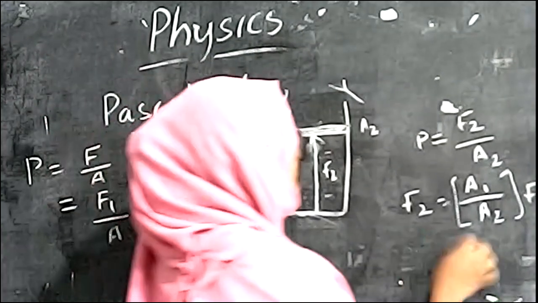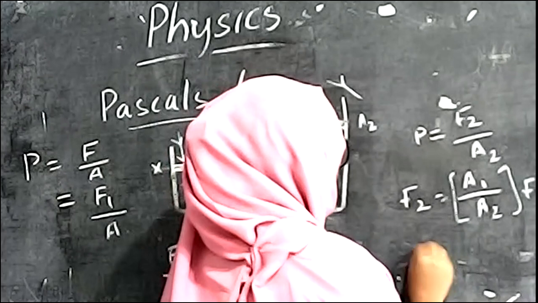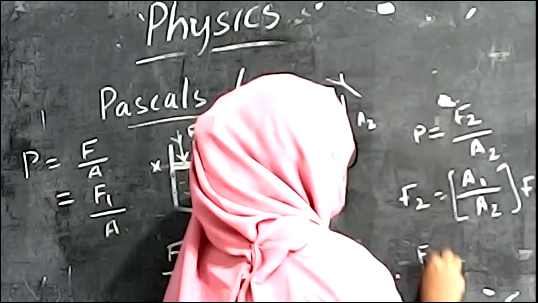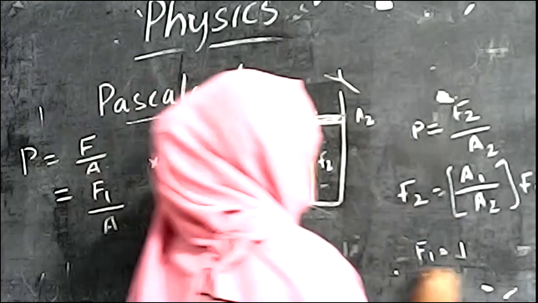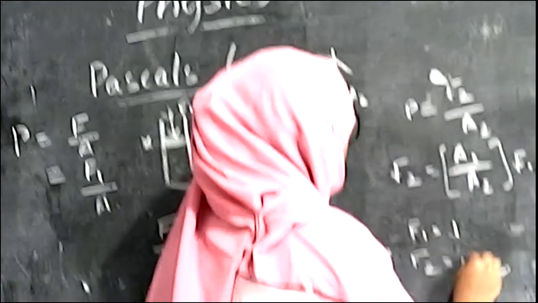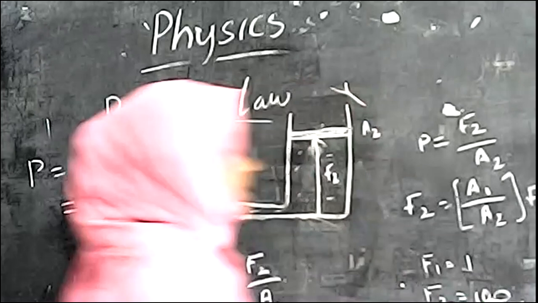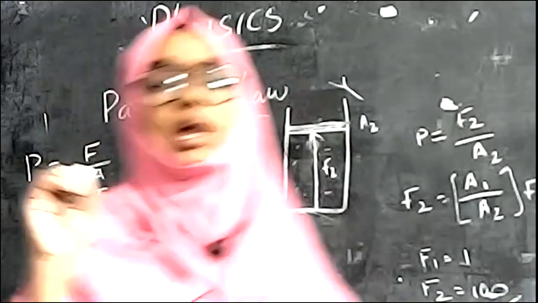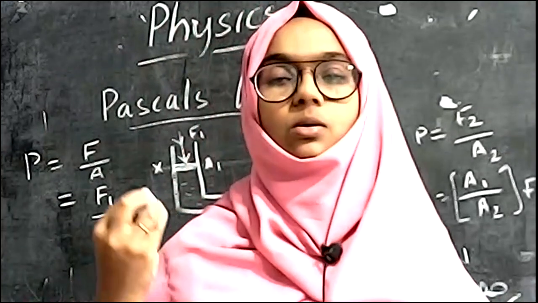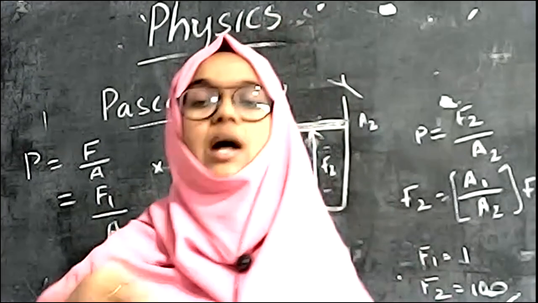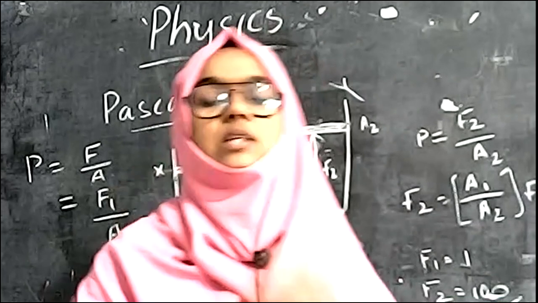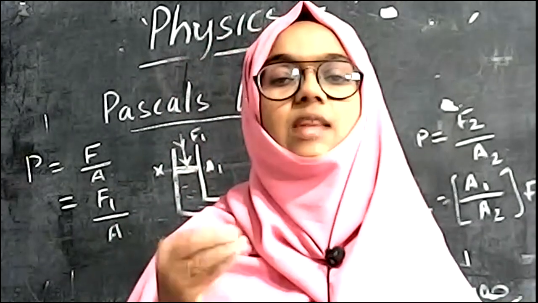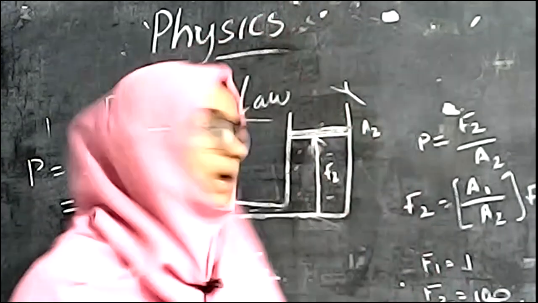So when F1 is 1, F2 is equal to 100. That is, the F1 is applied through a closed system, and 100 times that F1 is experienced on the opposite side, that is F2. Okay.